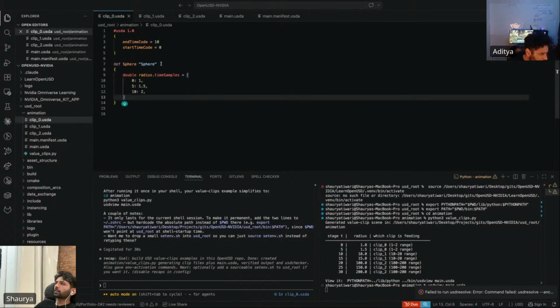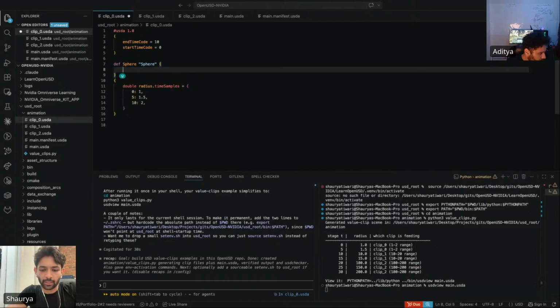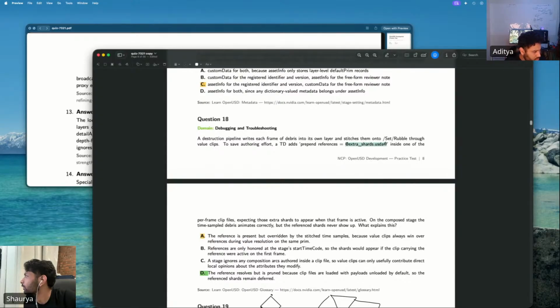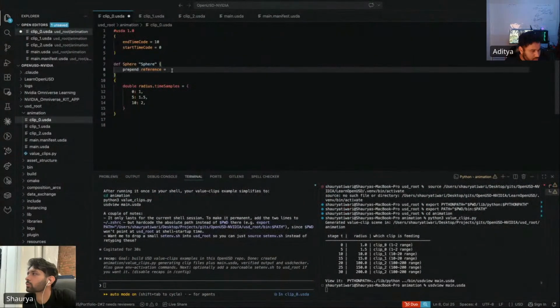They are saying that here they have created it like this and set a prepend reference over here. I think this is what they mean. Prepend reference is equal to, and then whatever that was. And it's saying it won't work like this. I think this is what it means.